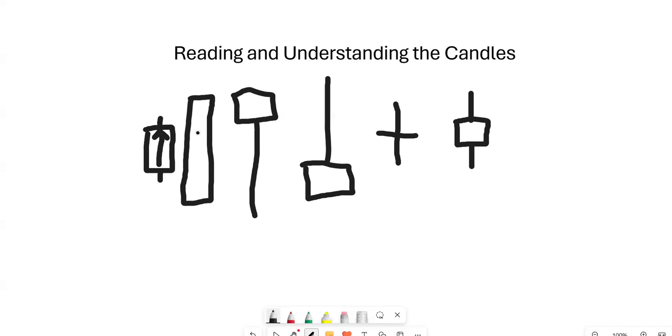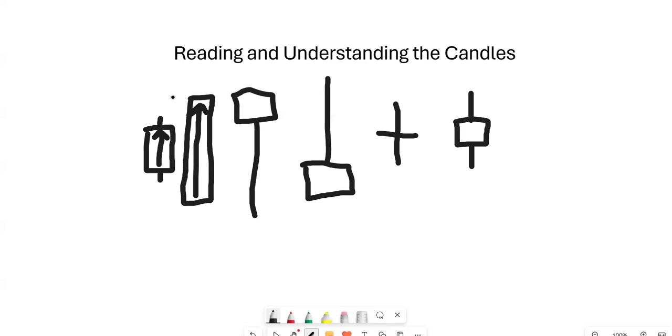This one here, this is a strong candle. Whether this is an up candle or a down candle, let's say it's an up candle, this candle is strong. If it's an up candle, green, bullish candle, all buying pressure. No wicks. Open, close, bam, went straight up. If it's a down candle, then it's the opposite.